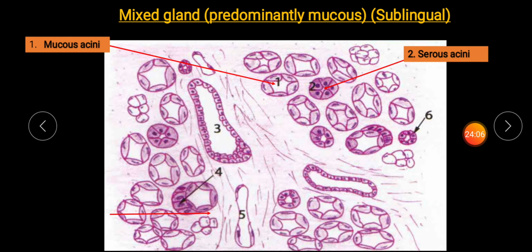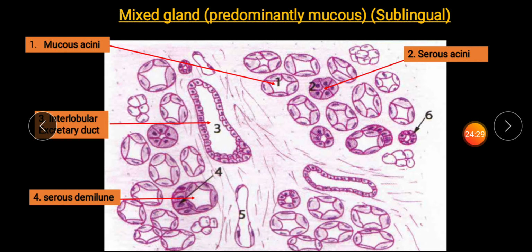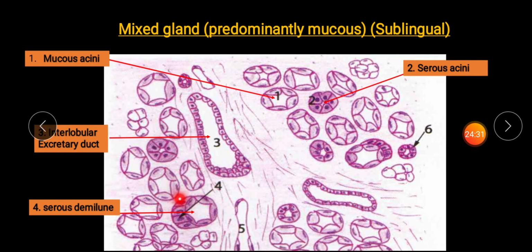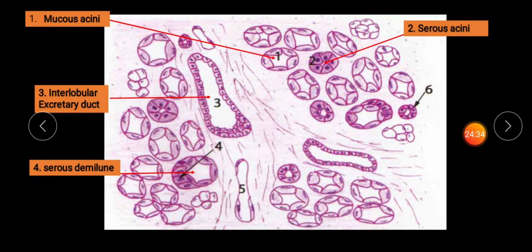Number 3, again the duct which is having the simple columnar or pseudo stratified columnar type of the epithelium, that is termed as the interlobular excretory duct. Number 4, that is again the serous demi-lune, a cape of the serous cell over the mucus acini.